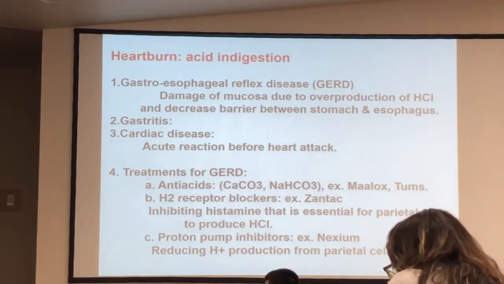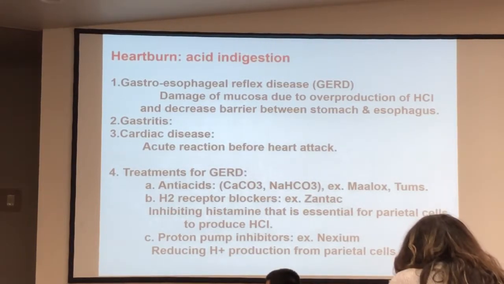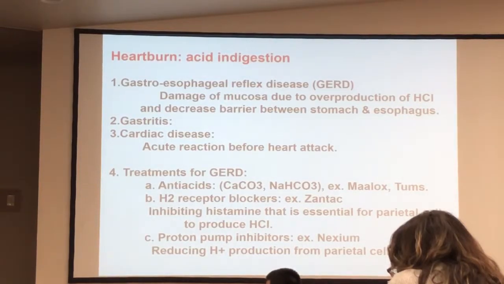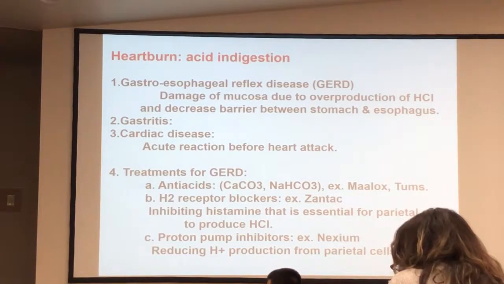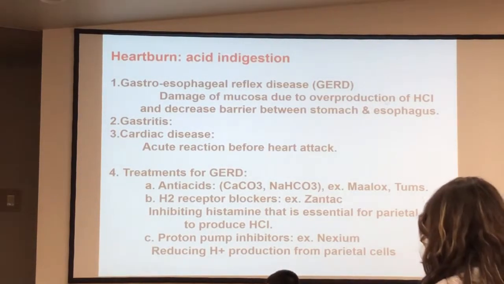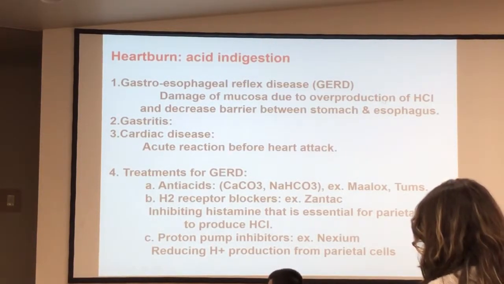This one I added, we call it heartburn, its common name, actually called acid indigestion. That means we get too much acid. Actually there are three conditions. One is because you produce too much HCl, and it refluxes from the stomach to the esophagus.